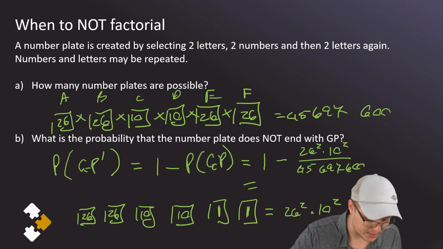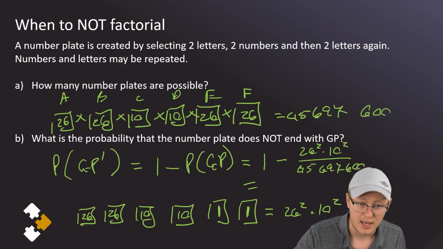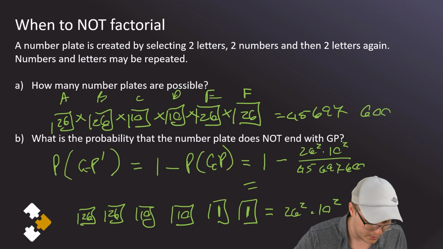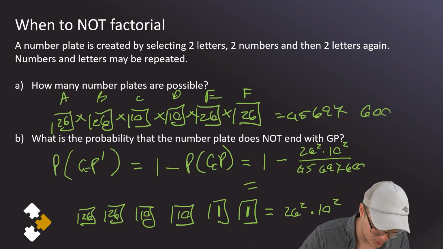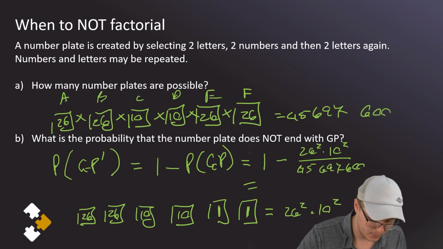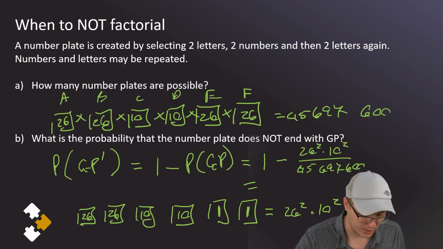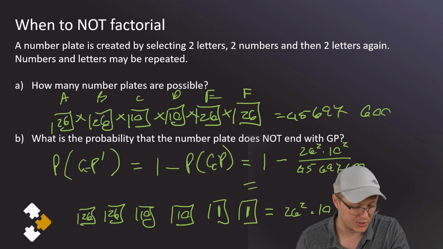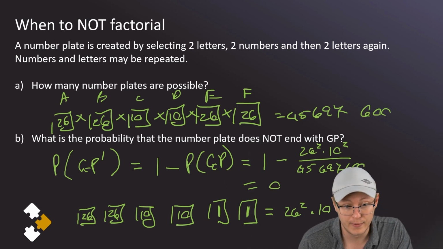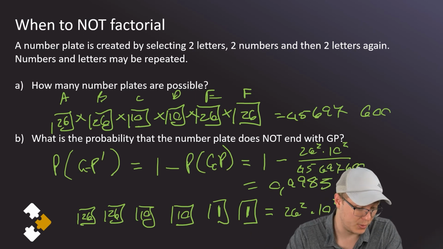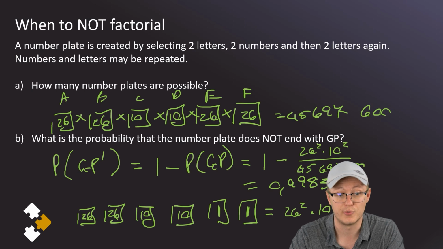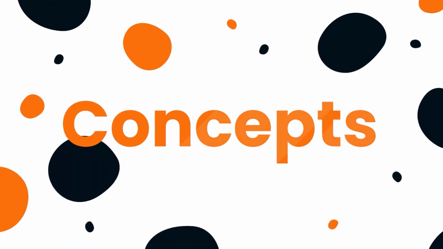So the probability that a random number plate doesn't end in GP is going to be 1 minus this 26 squared times 10 squared over that very large 45 million and something number. And so we are going to get a probability of 0.9985. Okay, so the vast majority of possible number plates are not going to end with GP.